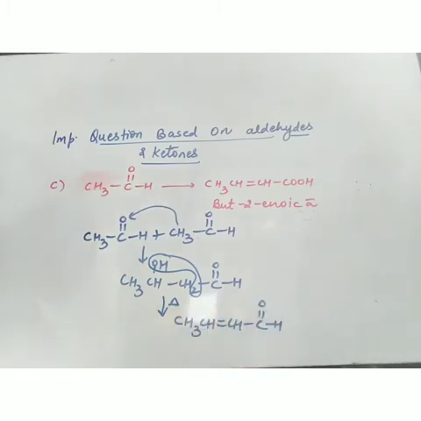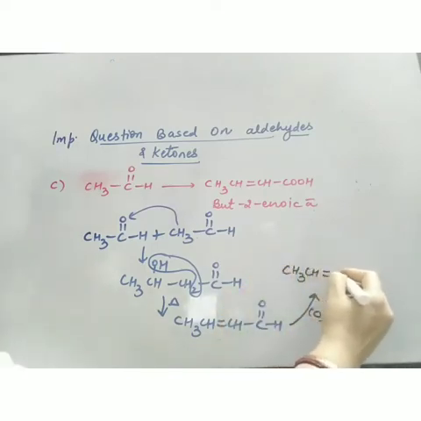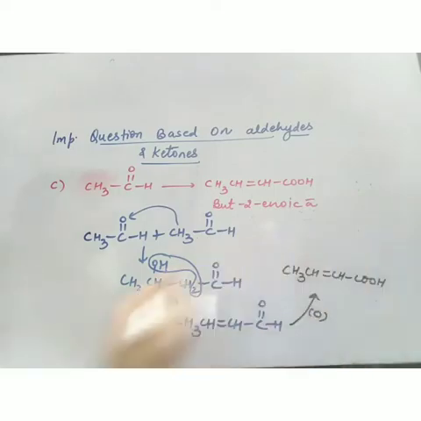Now I want to change this aldehyde to acid. Aldehydes can be easily oxidized to acid by an oxidation reaction. No selective oxidation is needed, because we directly want to oxidize. So simple oxidation in the presence of KMnO4 or K2Cr2O7. You can take any oxidizing agent. It is changed to acid like this.